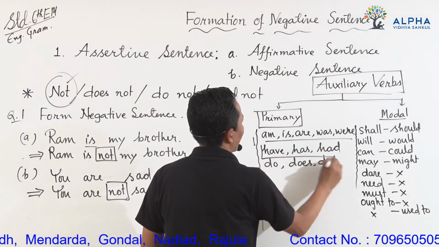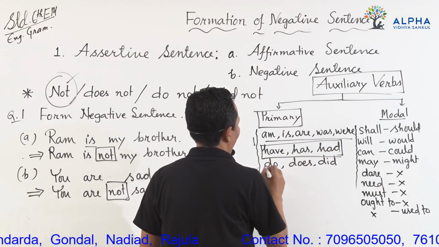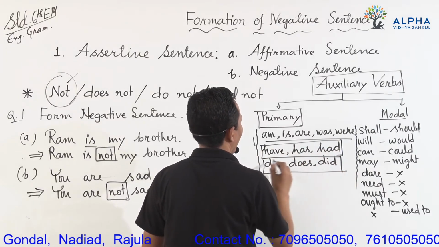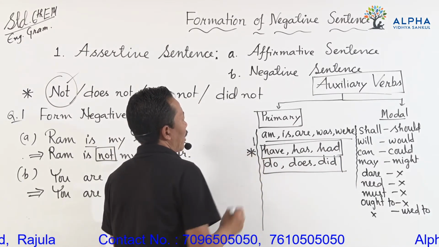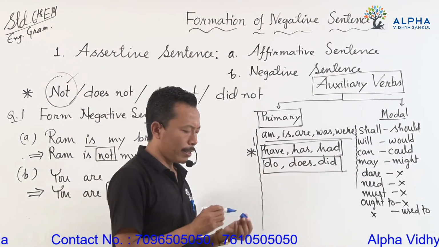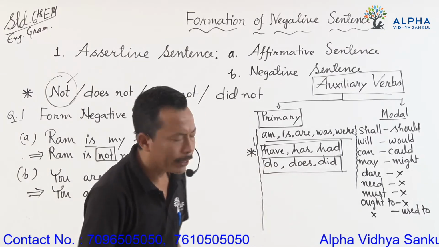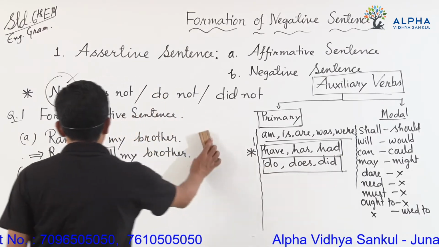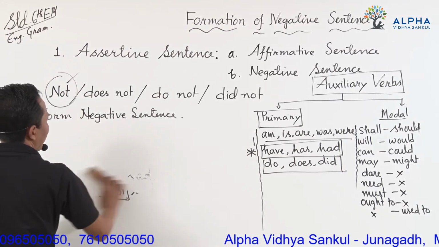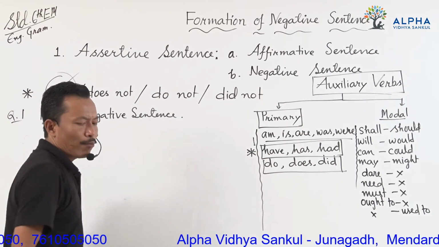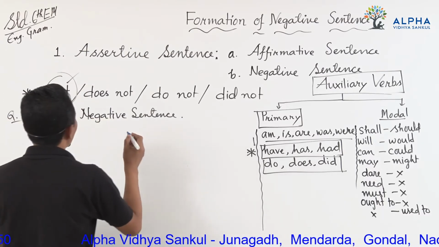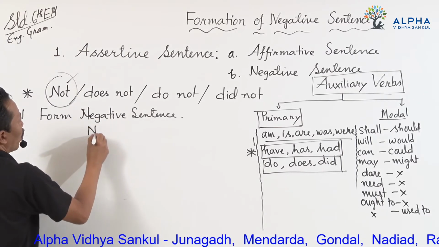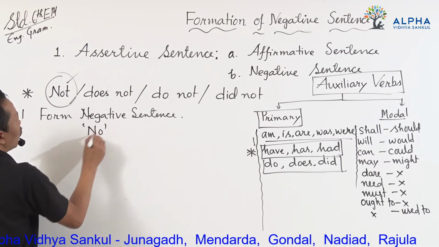But this, let me tell you, this have, has, had. Sometimes they are used as a main verb, students. If they are used as the main verb, then at that time we have to use no. The word no, not not here. This will be used.